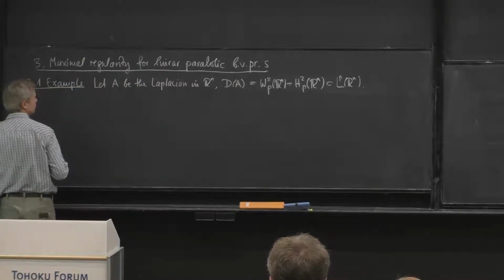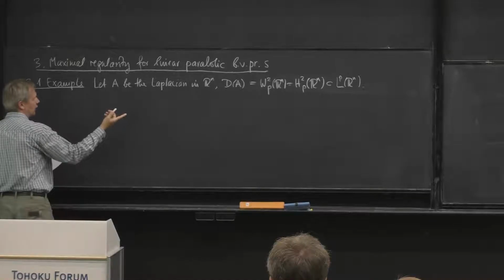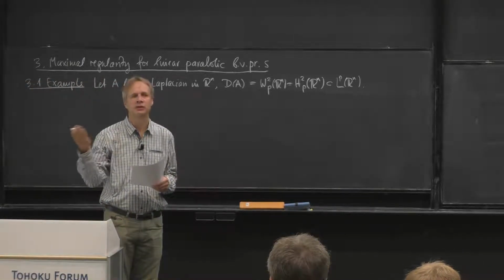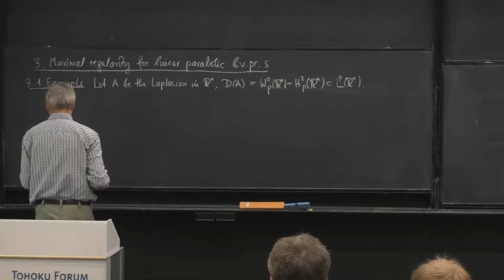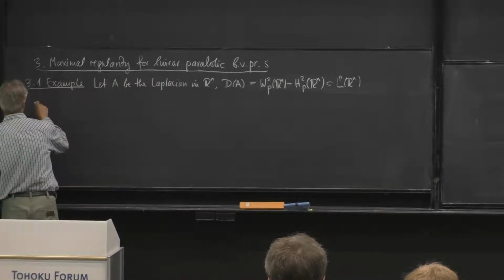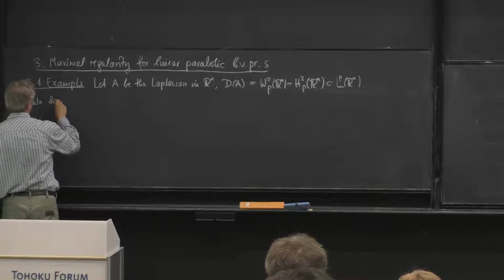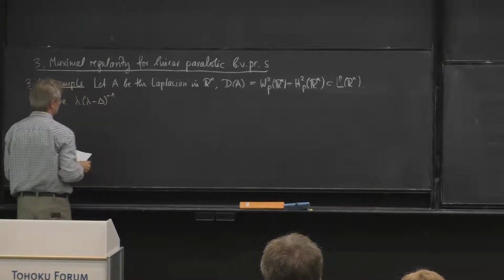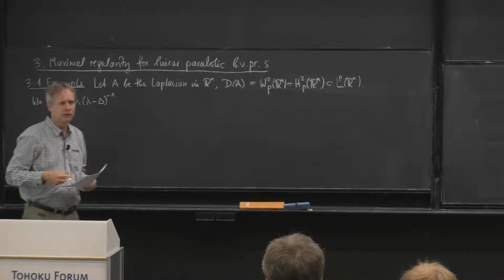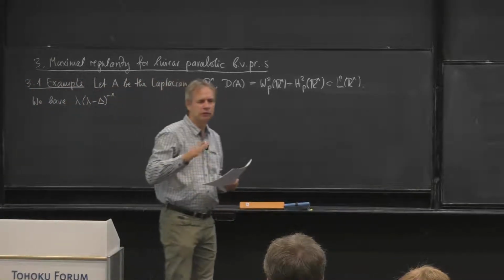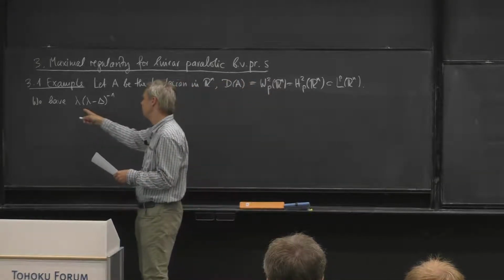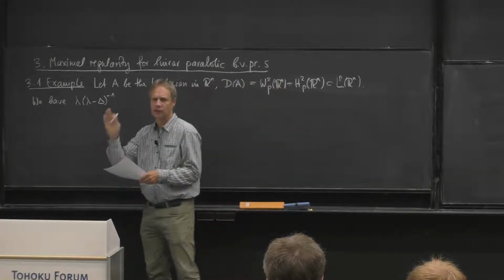So, of course, this is in R^n. The Laplacian is a very simple operator. It's constant coefficient. So, of course, we take the Fourier transform in x. So, for the resolvent, we have lambda times the resolvent, which is defined for all lambda which are not negative real numbers, but in particular for all lambda in the right complex plane.